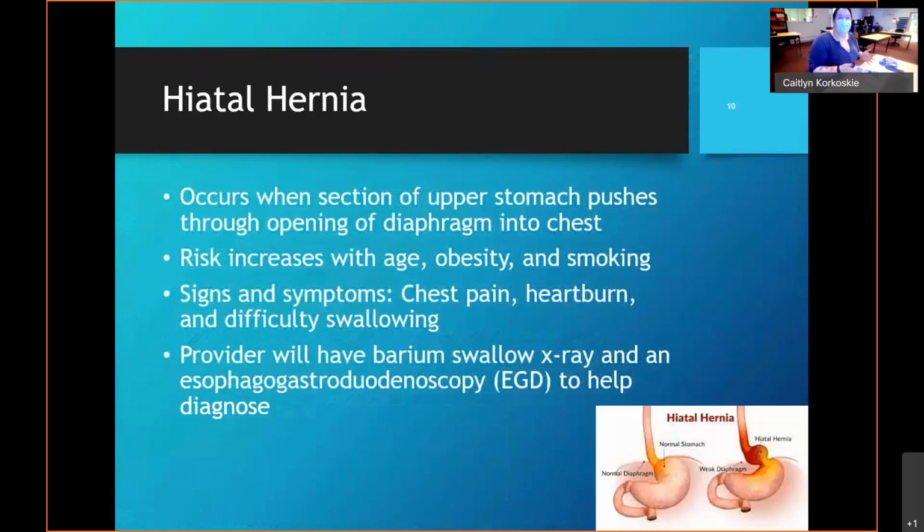I'm not saying that's something that's going to happen to you guys. That's an extremely rare thing. So don't freak out and think, oh, I can suddenly have my diaphragm rupture and then my internal organs are all in my chest. Don't worry, that's not something that happens very often.